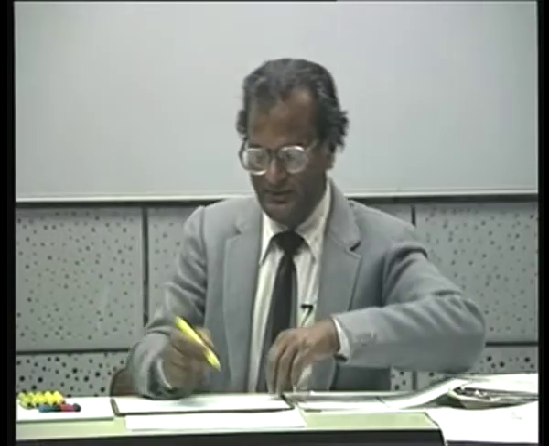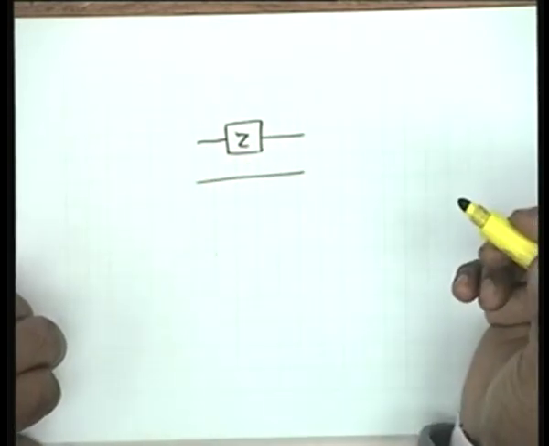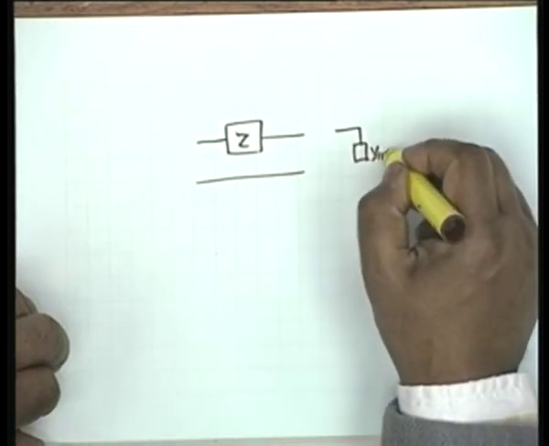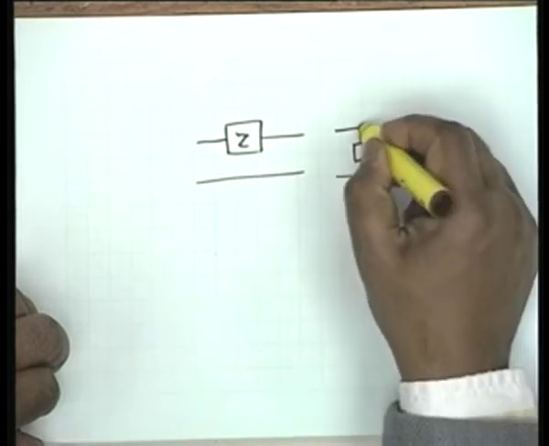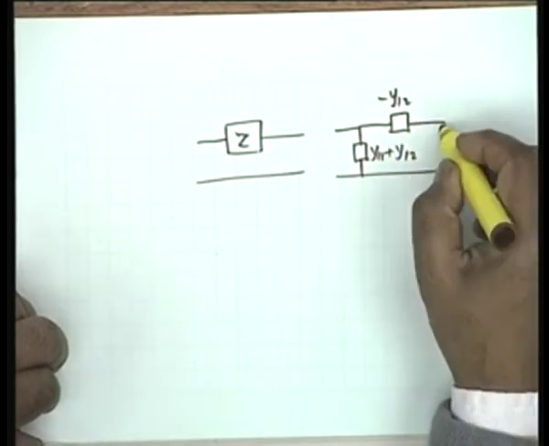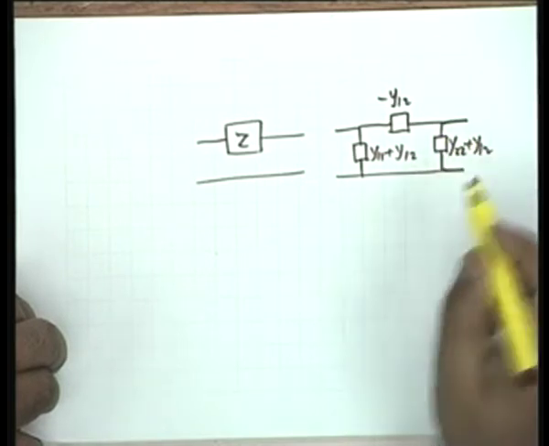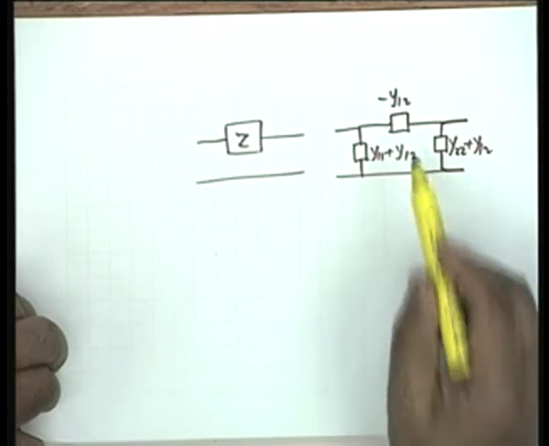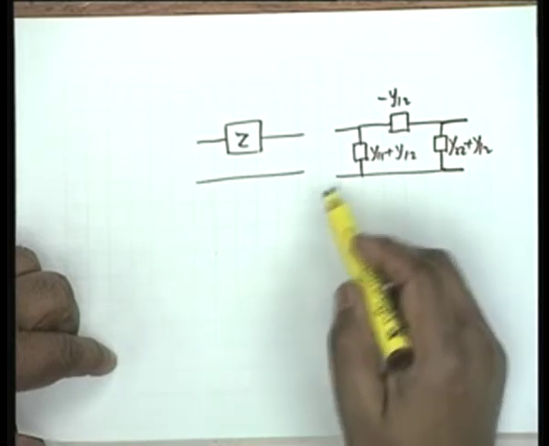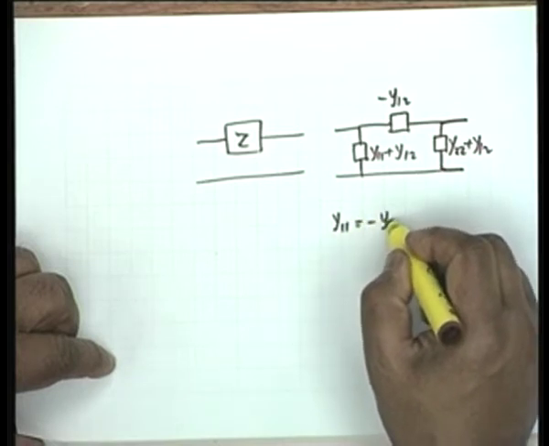On the other hand, if I want to find out the Y parameters of this, I will first find the easy way out. You recall the pi equivalent circuit, which was in terms of the Y parameters, and this is Y22 plus Y12. By comparison, you notice that Y11 plus Y12 is equal to the admittance 0, and therefore y11 is equal to minus y12.